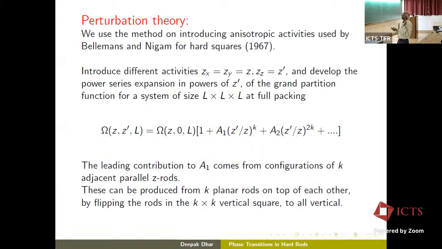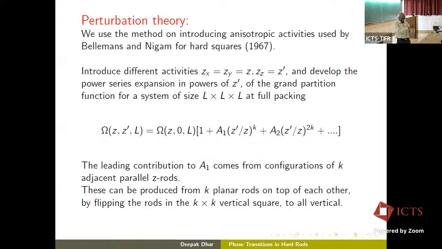Okay, so I do this. Then I try to determine what is A1. A1 consists of the following configurations. There are k rods, all in the same k stripe. The simplest configuration is that suppose you covered them with layers, but there was one layer in which there was a rod, another was just on top, and just on top like this, k.